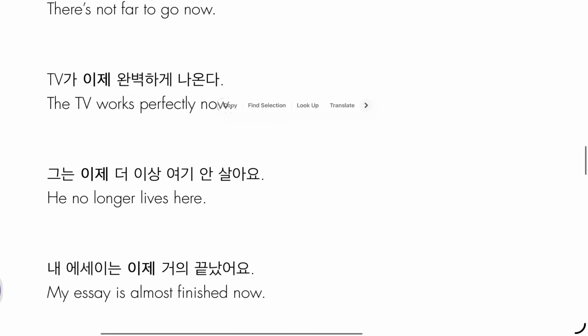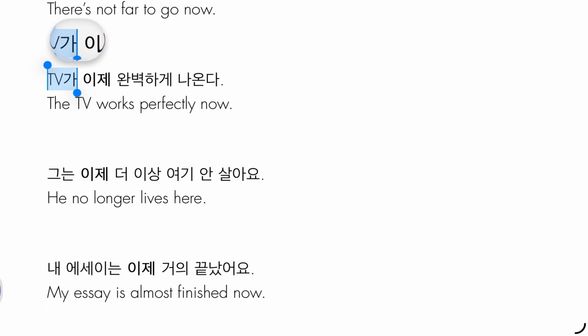The TV works perfectly fine now. TV가 이제 완벽하게 나온다. So, the TV from now on, like maybe before this moment, it was really messed up and it was barely working, the sound was broken.